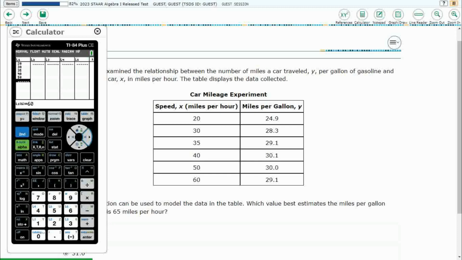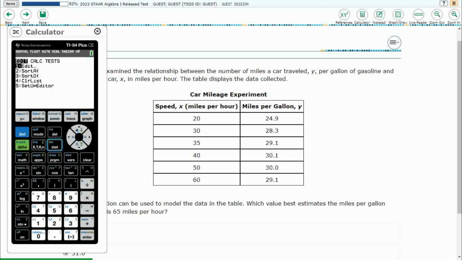Make sure you are getting those in correctly, and then let's get the y coordinates in precisely as well, as our list 2: 28.3, 29.1. Then we're going to use a regression model to pick up an estimated quadratic formula that we can use to plug in x equals 65. It looks like we've got everything working there.